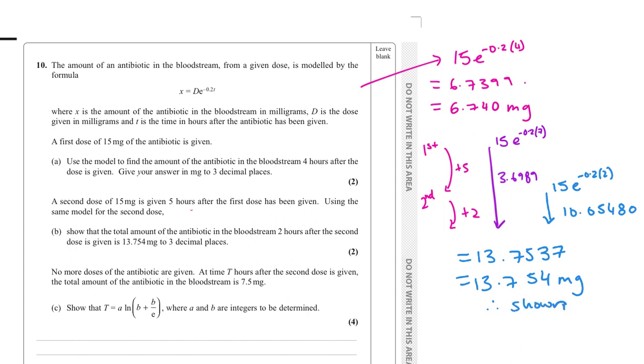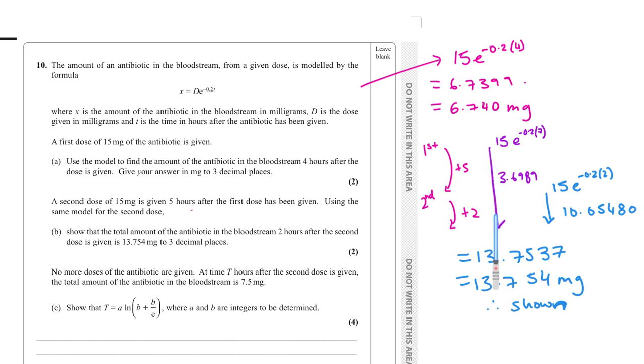Okay, so really glad that I got that, woohoo! No, this is fantastic because what this shows is why on the packet they sometimes say you can only take it every so many hours, because they've already calculated the rate of decrease in your blood based on an average person.